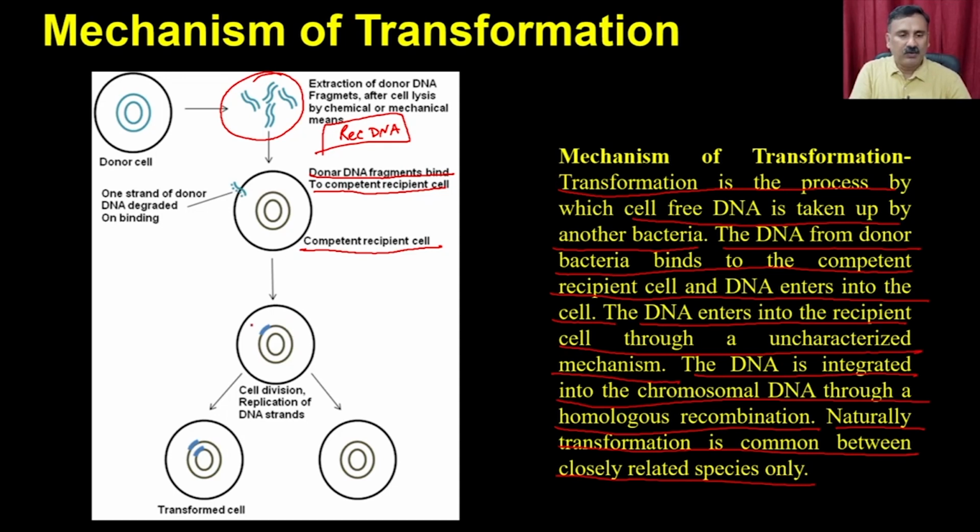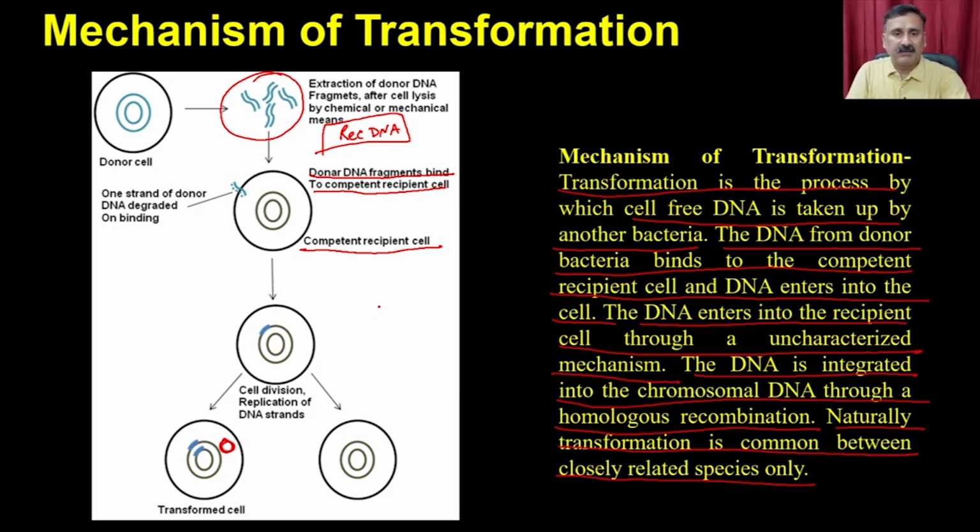And once it is taken up by the cell, it goes through cell division, and that's how you have the transformed cells. Where the copy is on both sides of the DNA, sometimes you have integration sites on this DNA, so they will integrate into the genome. Otherwise, they will remain as extrachromosomal DNA in the form of plasmids.